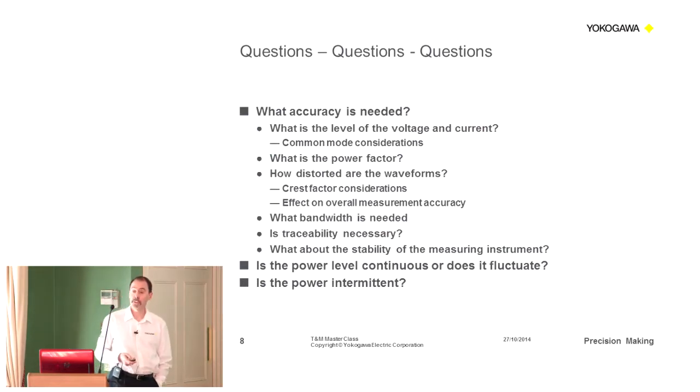So a few more questions I'll throw at you, or a few more ideas to think about. What accuracy do you need to measure? That's also related to what the level of voltage and current is, how you are getting the voltage and current into the instrument, and what the accuracy associated with that mechanism is as well. We also have to consider what happens when we've got floating voltages.